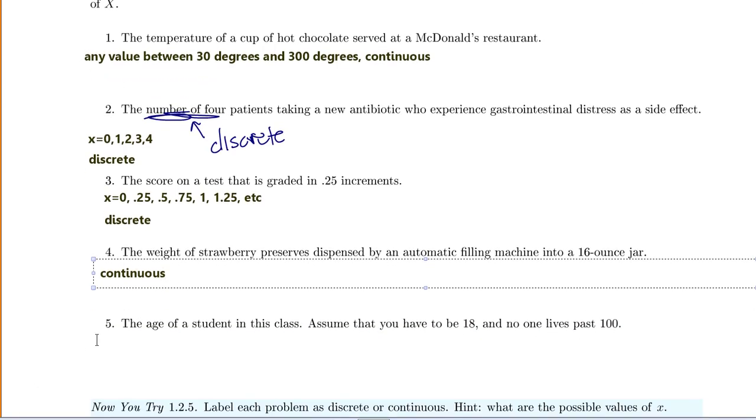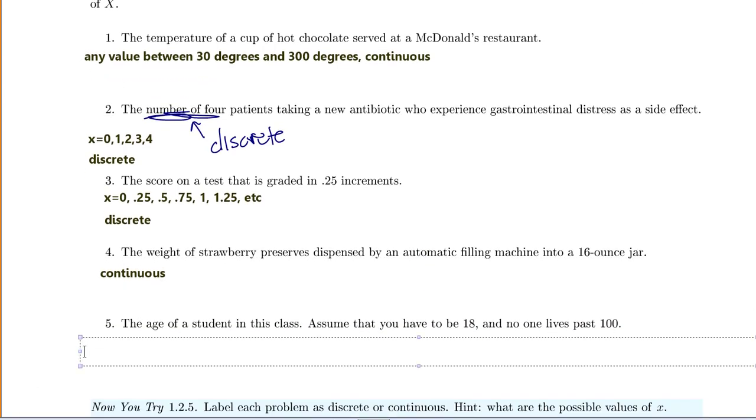Let's see, the age of a student in this class. Let's assume that you have to be 18 and no one lives past 100. So if you think about this, people usually respond in a discrete manner. So you usually say, I'm 18, 19, 20. But how old are you really? You're not just 30, you're going to be 30 years, 5 months, 2 days, 3 minutes, 2 seconds, 5 microseconds, etc. So this one is something that is theoretically continuous because you can be any age between 18 and 100.